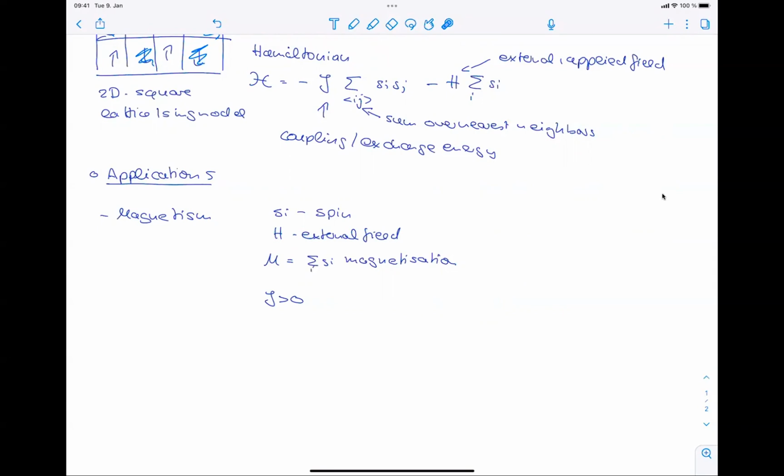So it's a parallel alignment of spins that is favored in this case. And so this is a description of a ferromagnet.